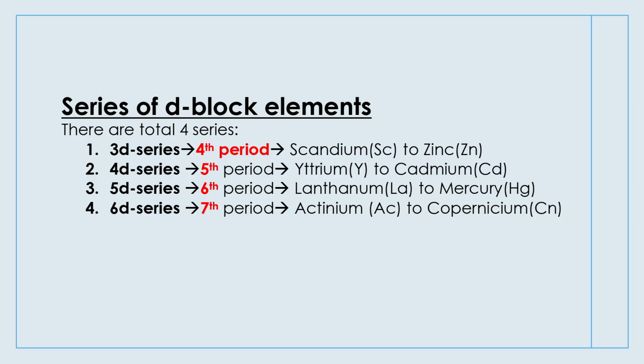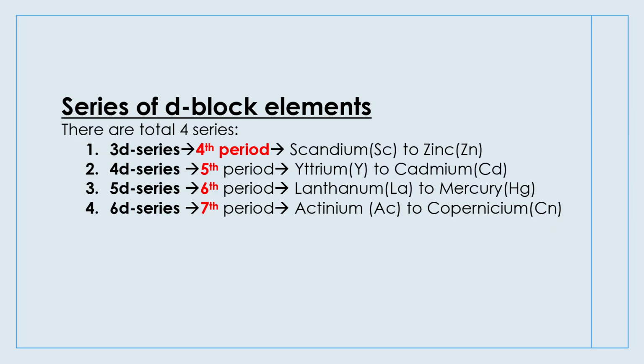These series of the D block elements, you get this in your multiple choice questions, in which they ask you that the 4D series belongs to which period. So you can tick on the 5th period and you get full marks. Or they ask you that the 5D series of the 6th period includes the elements from.